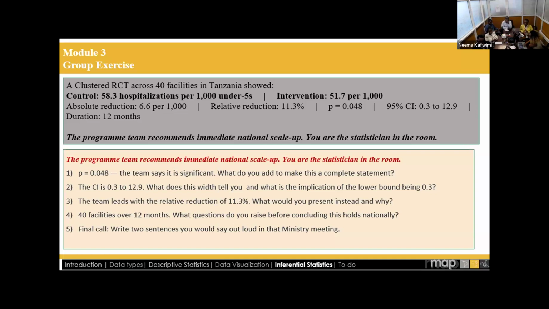Or should we screenshot it and put it in groups and then break them out in breakout rooms? Yeah, we can do that. So we can go and discuss this in the group. But before we go to the breakout rooms, I just wanted to make sure that everyone understands what the question is actually asking. Okay, so I'm taking the silence as the question is clear to everyone.